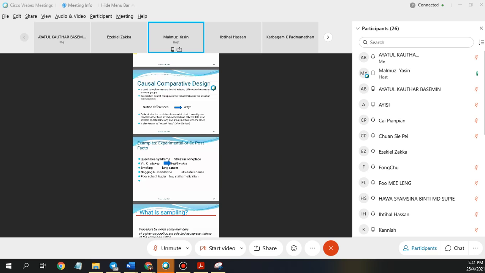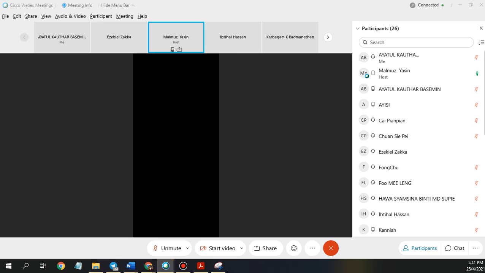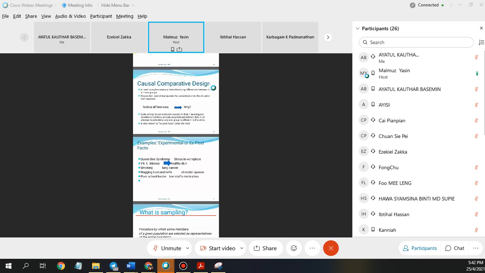Okay, vitamin C, of course, you can manipulate. You give a lot of vitamin C, and then you get healthy skin. This is maybe not in our field, this is the health field. But it can be experimental, and also it can be ex post facto, both. Smoking and lung cancer. If you do it experimentally, you are breaching ethics. Maybe in some organizations or contexts they can use prisoners to test some drugs and then come up with the result.